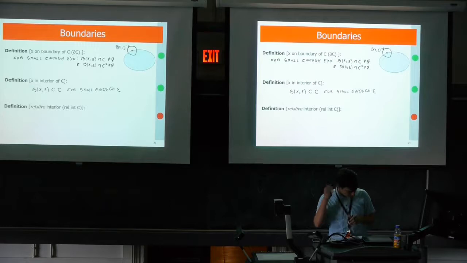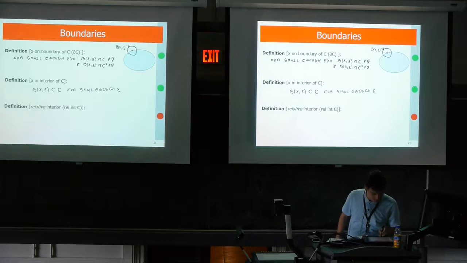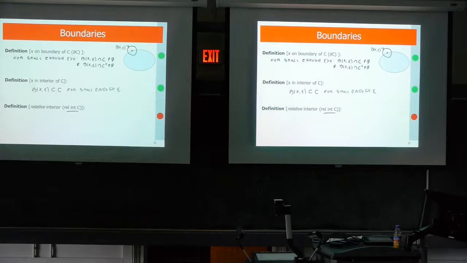And now there comes a tricky definition, which is the definition of relative interior that we denote by rel int C. Yes? The boundary should be for all epsilon, right? For small enough epsilons, right? I thought it had to be for every epsilon. So you can find an epsilon naught such that for all epsilon smaller than epsilon naught. All small enough.